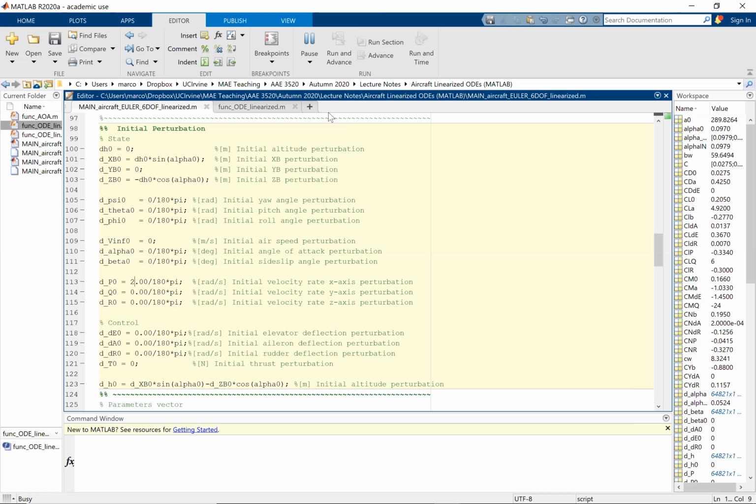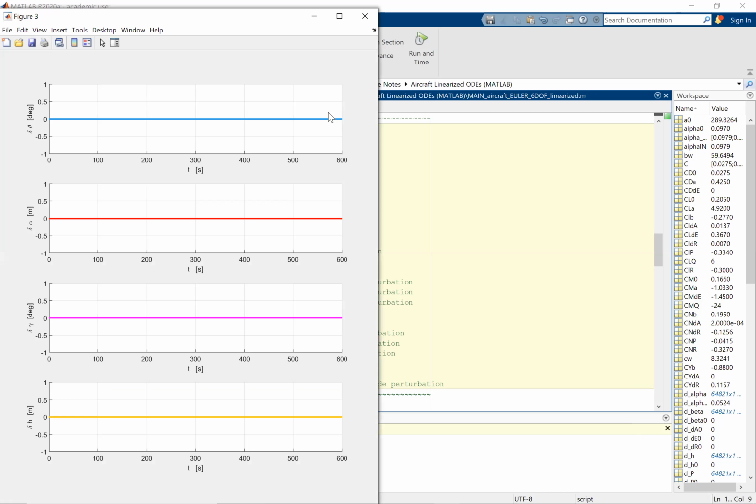So the aircraft suddenly has acquired an initial pitching angular velocity of 2 degrees per second. Let's see what happens.